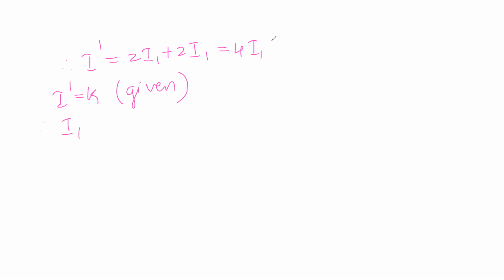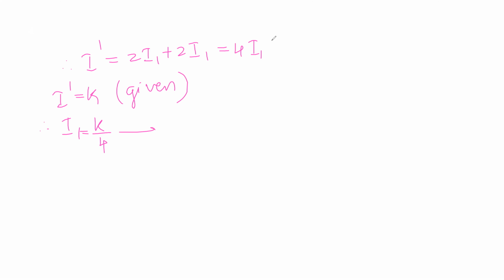So by using this, the resultant intensity is given by I dash is equal to 2 I1 plus 2 I1, which is equal to 4 times I1. Here the resultant intensity is K, as given in the question itself. Therefore, from this, I1 is equal to K divided by 4.